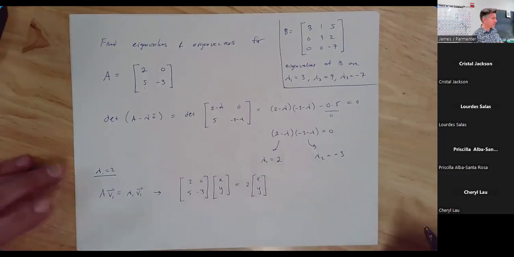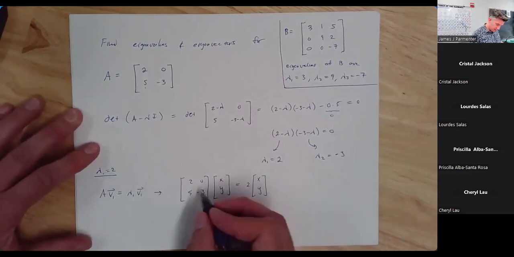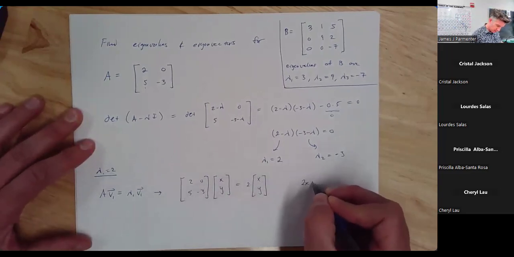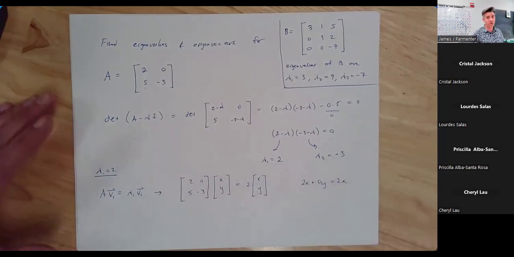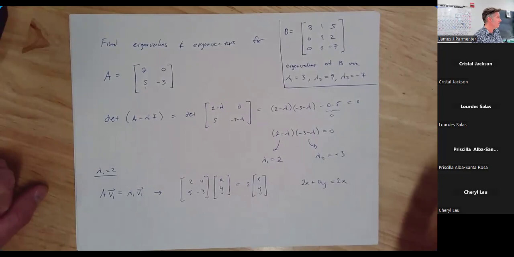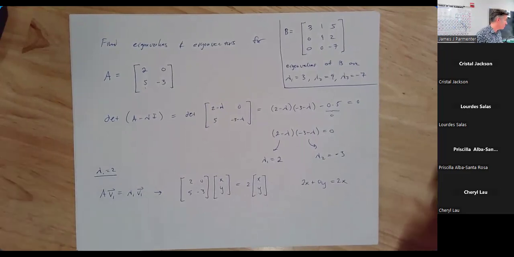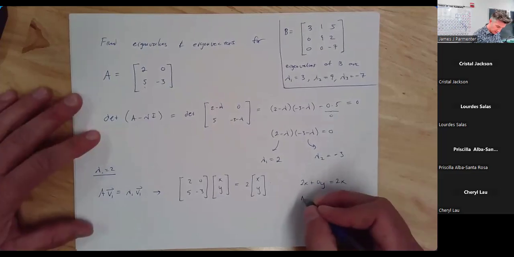So here's the first equation, and this is an example of where the first equation doesn't help us. The first equation is 2x plus 0y equals 2x. And while it's certainly true that 2x is equal to 2x, it doesn't tell you anything. X could be anything, and that would always be true. So that doesn't help us.